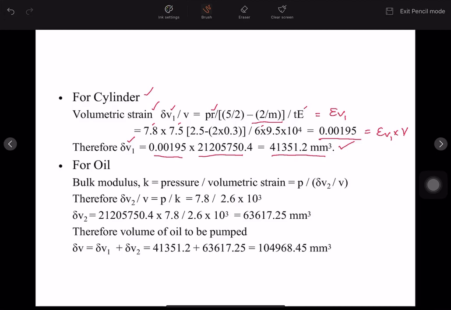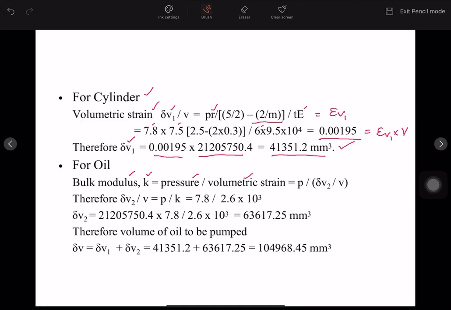So for the oil, we now need to calculate how much extra additional oil is needed. For that we can use the bulk modulus relation. As you already know, bulk modulus is equal to pressure by volumetric strain.